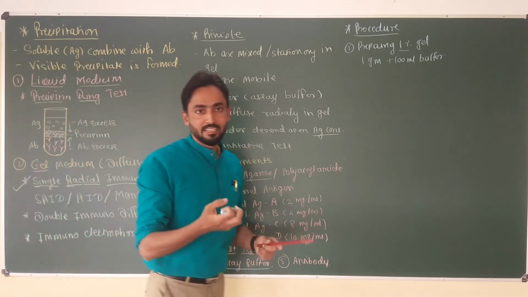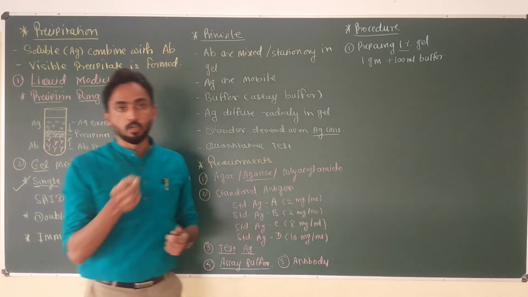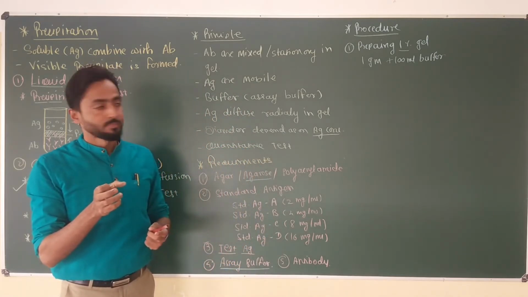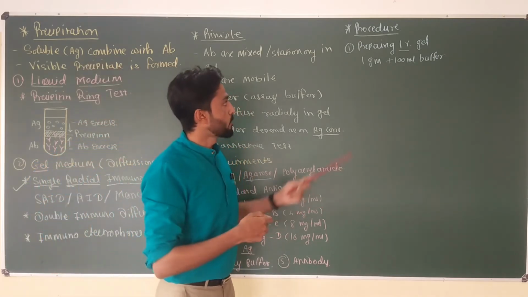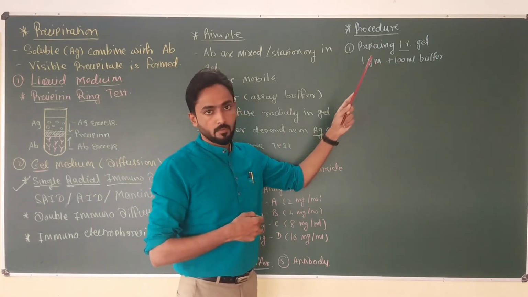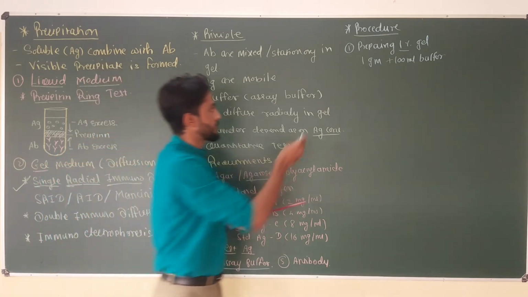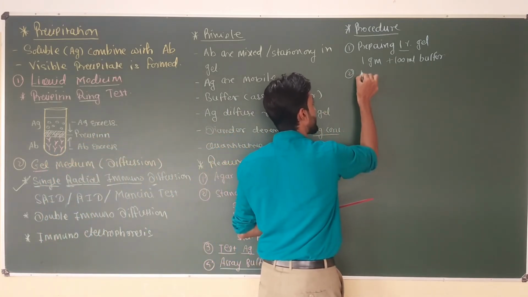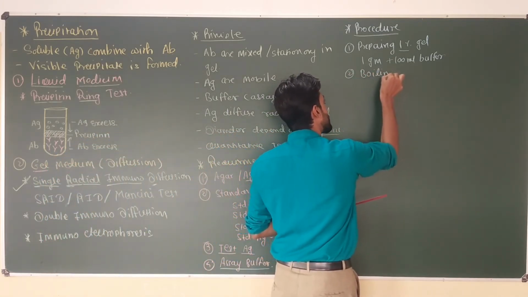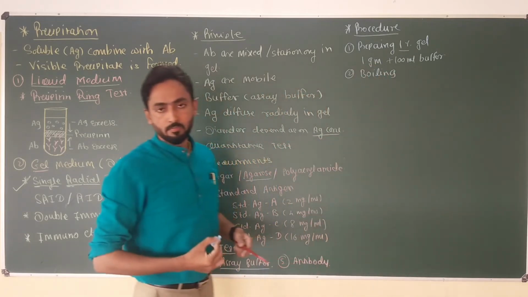Initially the buffer will look blurry, or turbid, so we have to boil this mixture so that the agarose gets dissolved in the buffer. So the next step is boiling to dissolve agarose in the buffer.